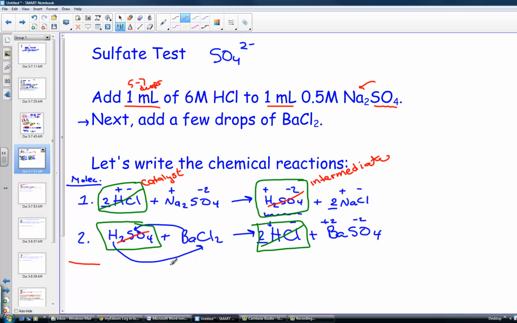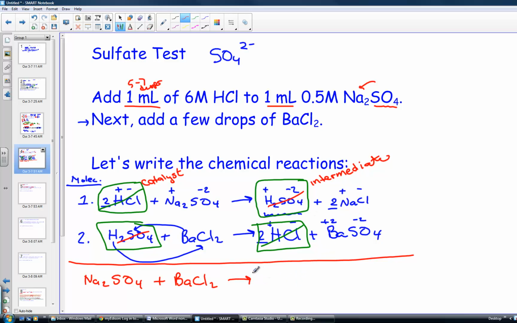And what's left for our molecular equation? We had 3 ingredients we mixed together. The initial acid with the initial salt, stirred it up, and then added a third ingredient. Ultimately, this is the molecular equation. Sodium sulfate, Na2SO4, the ingredient left on this side of the arrow, reacted with barium chloride, BaCl2, the ingredient left on this side of the equation in the second.